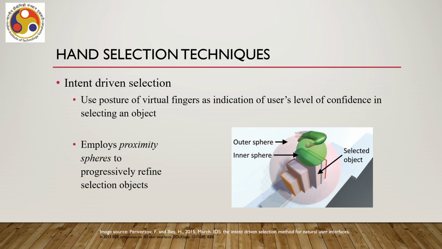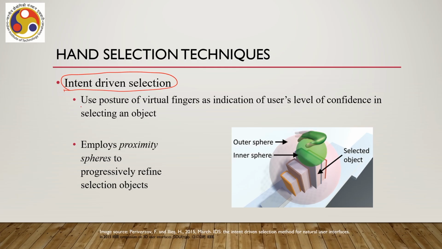The other hand selection technique is called intent driven selection. In the previous cases, be it regular virtual hand movement or go-go or prism, we are physically moving the hand to select. Now, there we are providing some gestures, but these gestures can be provided in a different way to select an object.